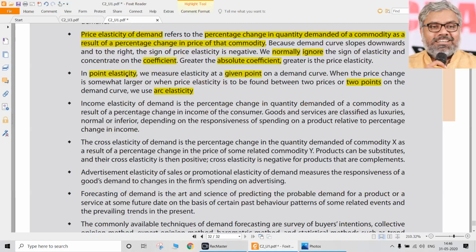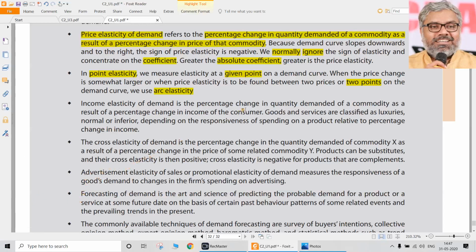Similarly, point elasticity is used generally where the price changes are smaller. Once again, generally. Can't we use point elasticity if the price change is larger? Nobody said that. It can be used also. It's after all a formula, a graph. You can do that. In real life, it can be done. So the point is not about can't we do. We can do anything, but we don't do that.